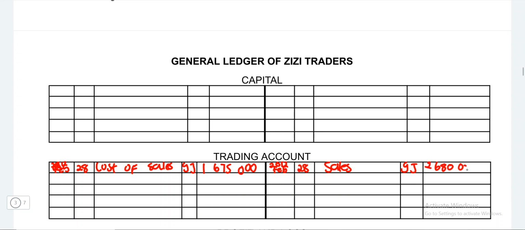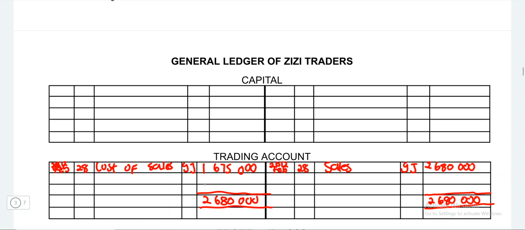And then from there, all we need to do is to determine the gross profit or gross loss. Then you can see already that the bigger side is the credit side, so we'd have 2,680,000 here, and then also this side would have 2,680,000. Okay, and then here we are going to have a profit and loss.